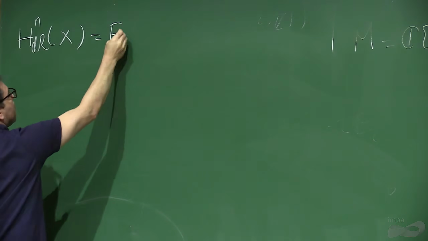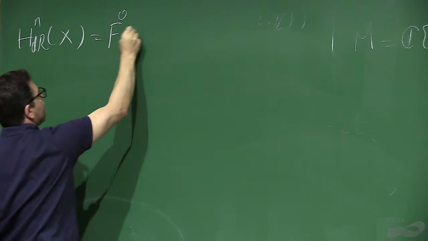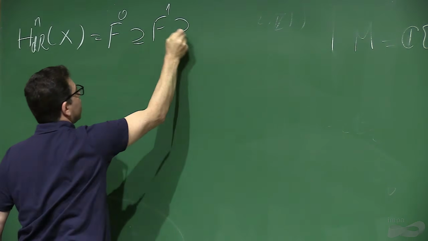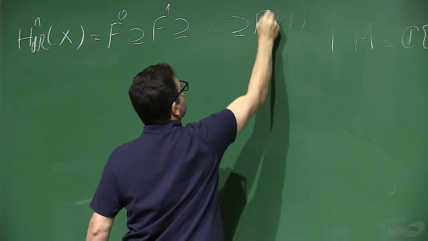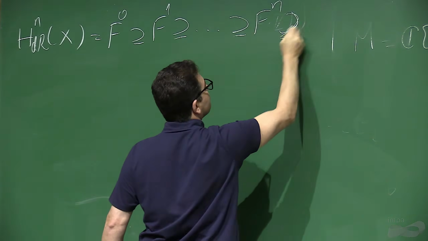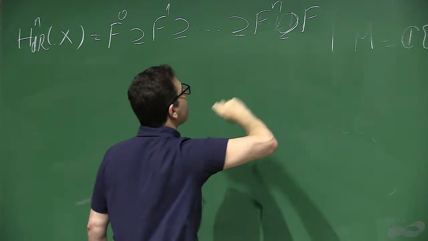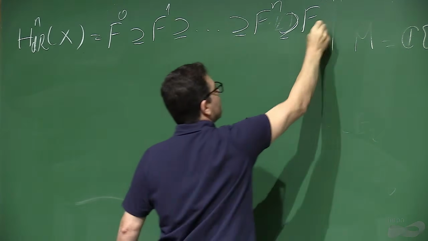We have here F^0, F^1, and F^(n+1), which is 0, yeah.